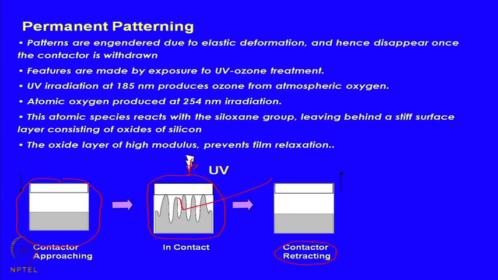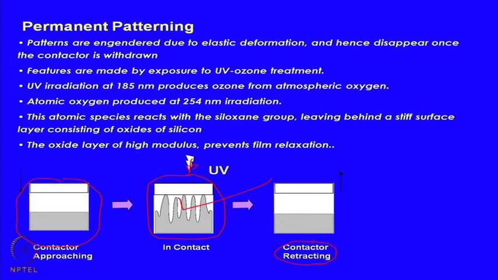This UV exposure breaks down the atmospheric oxygen into atomic oxygen at 184 nanometer irradiation. This atomic oxygen recombines with the molecular oxygen to form ozone, but this ozone also gets dissociated by the UV at a 253.8 nanometer or 254 nanometer irradiation.